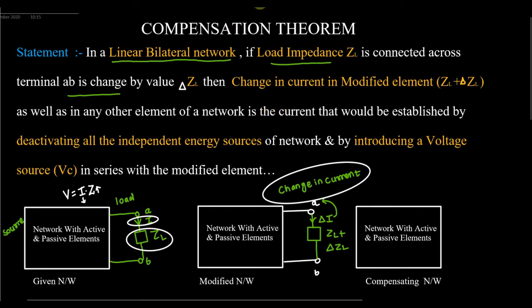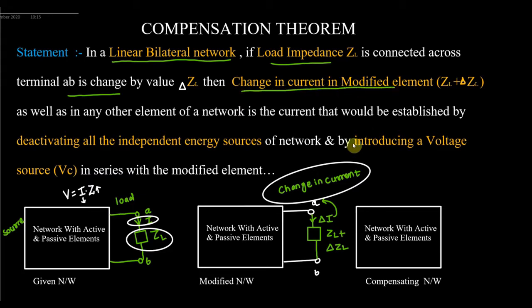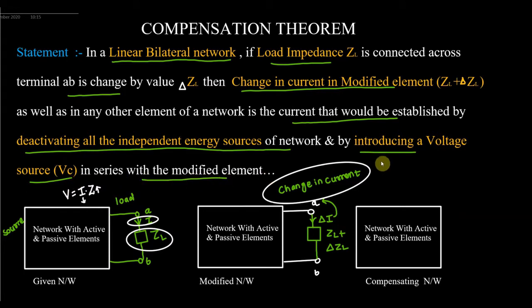What the compensation theorem says is that the change in the current in the modified element, which I have marked delta I, or in any other element of a network, is basically the current that would be established by deactivating all the independent energy sources of the network and introducing a voltage source VC in series with that modified element.